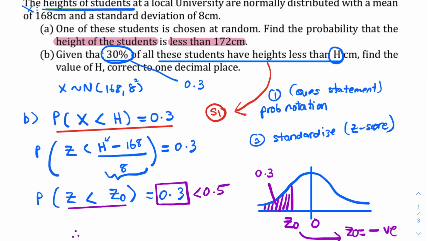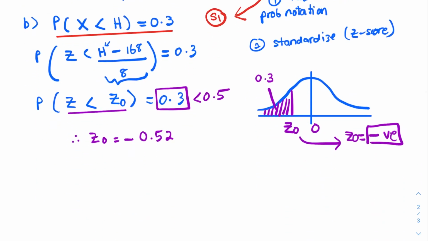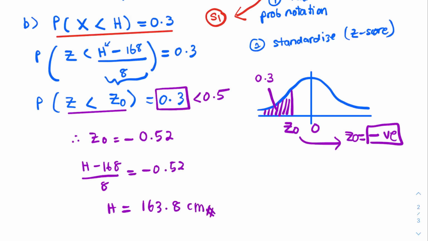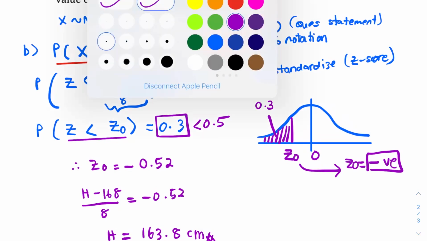Your Z naught is equivalent to negative 0.52, because you have a negative Z naught. Then calculate your H by substituting into the Z naught. So your H is going to be 163.8 cm. That's how you answer and show your working properly.